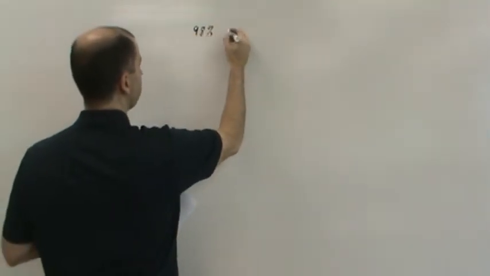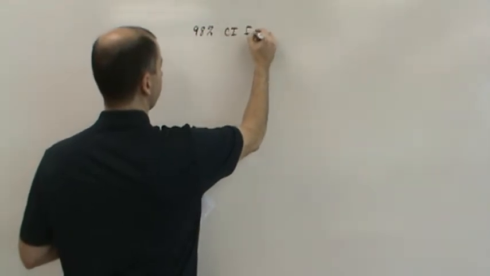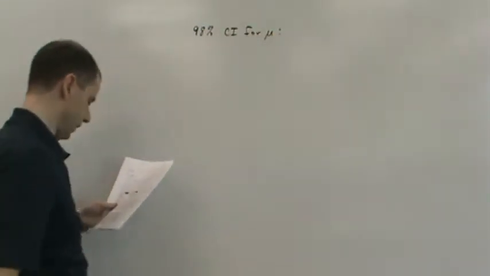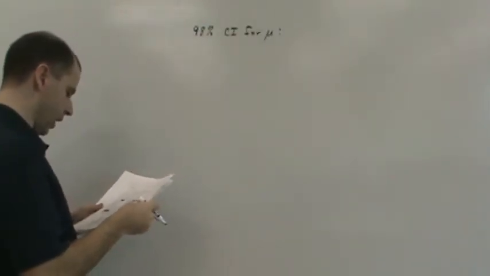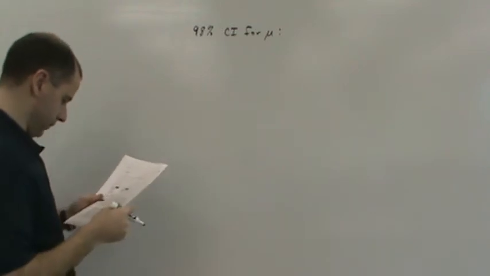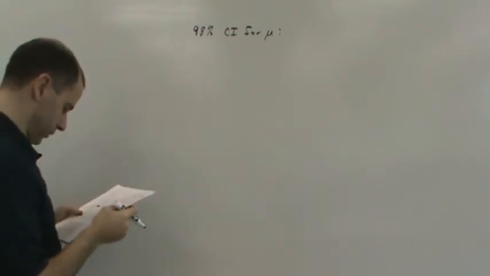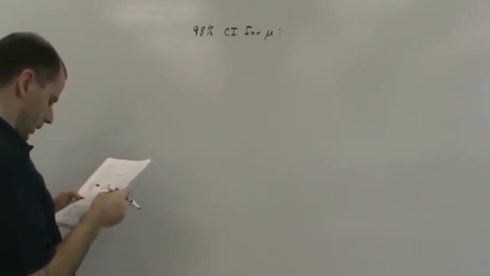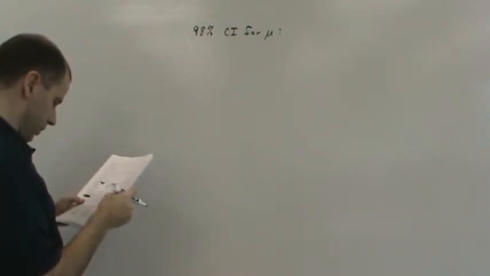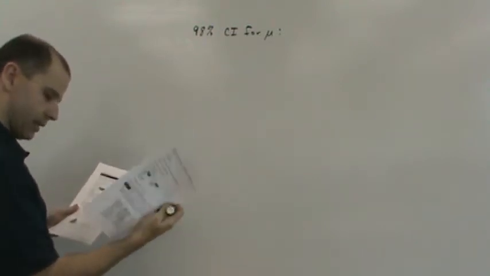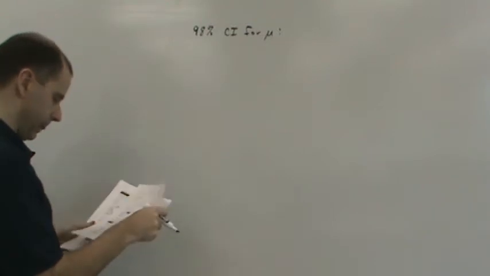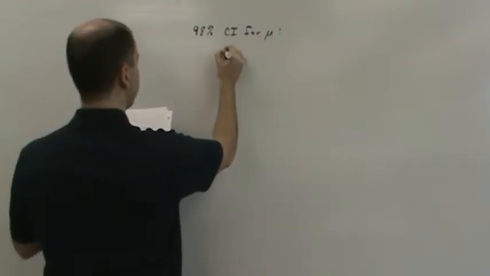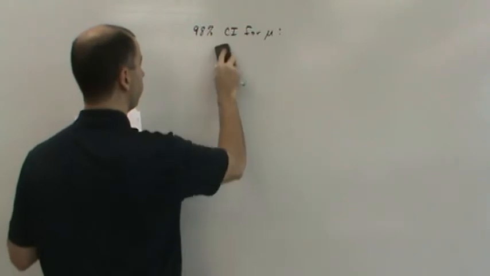So we wanted a 98% confidence interval for mu, the specific absorption rate for a cell phone. Here's what we got, using Z interval.